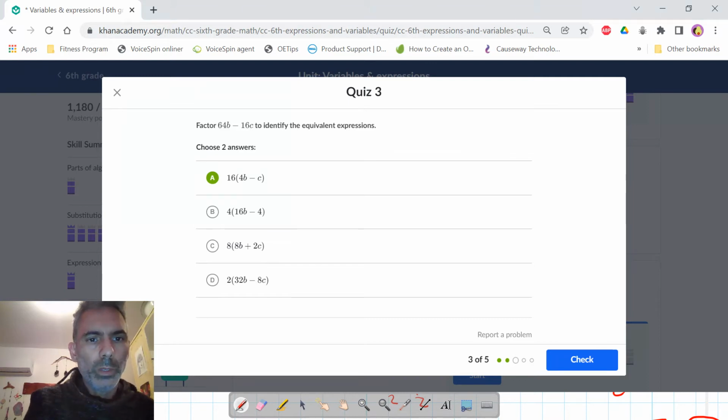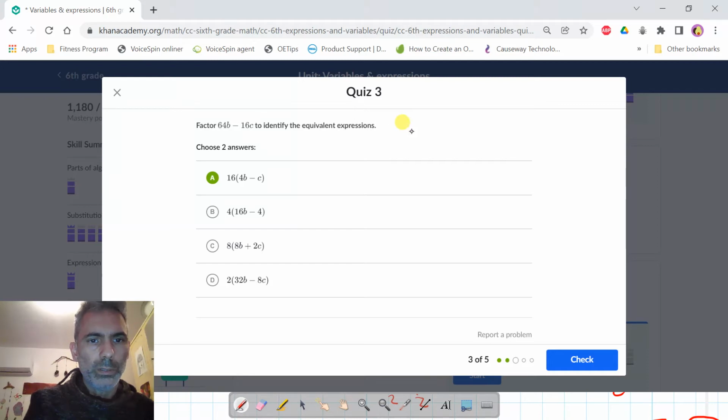Let's check the other ones. So 4 times 16 is 64b, and 4 times minus 4 is minus 16. It's not 16c, so option B is not correct. 8 times 8 is 64b.